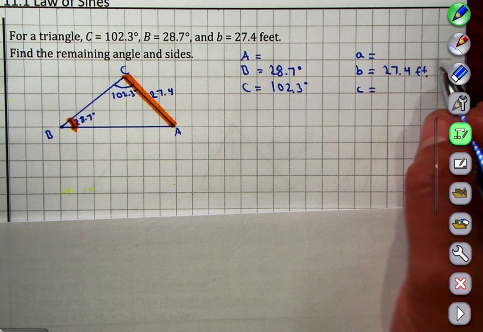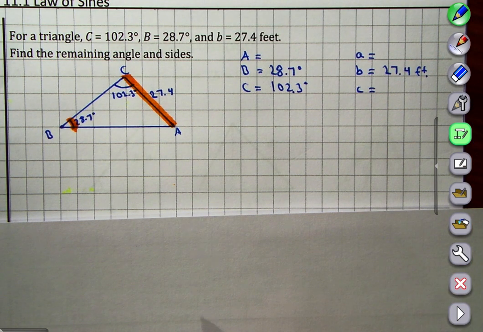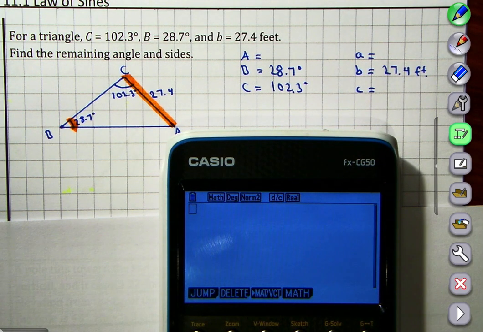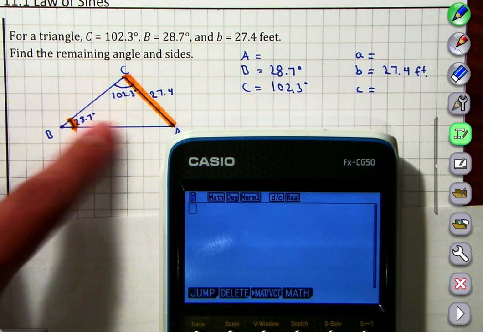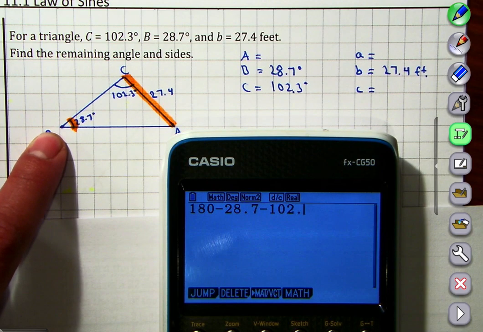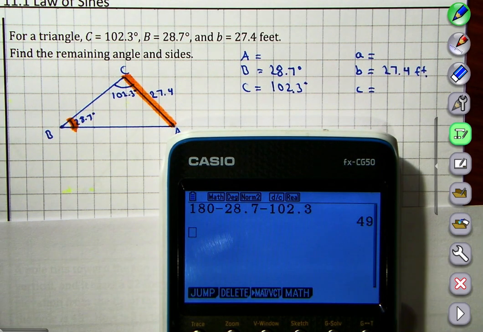So let's see, what do you guys want to find first? What will be the easiest? Correct, we should find angle A first. I know that all three angles in a triangle add up to 180 degrees. So 180 minus 28.7 minus 102.3 will give us 49 degrees.